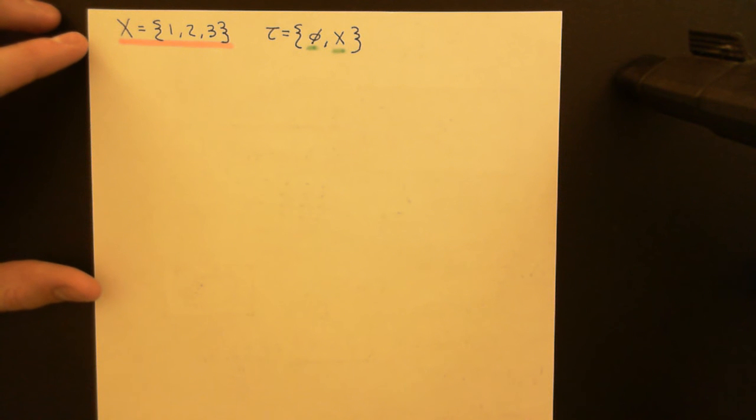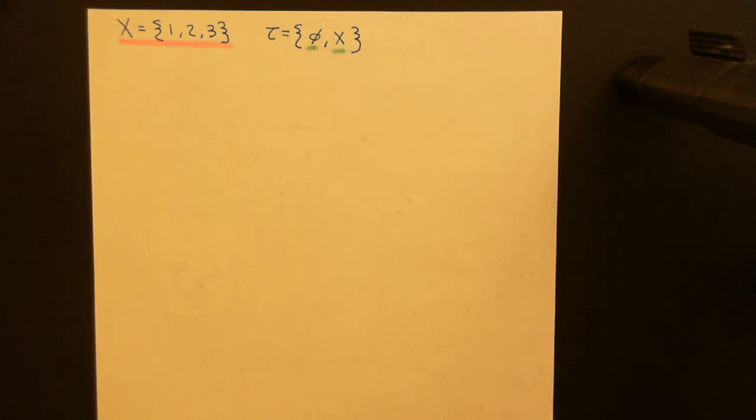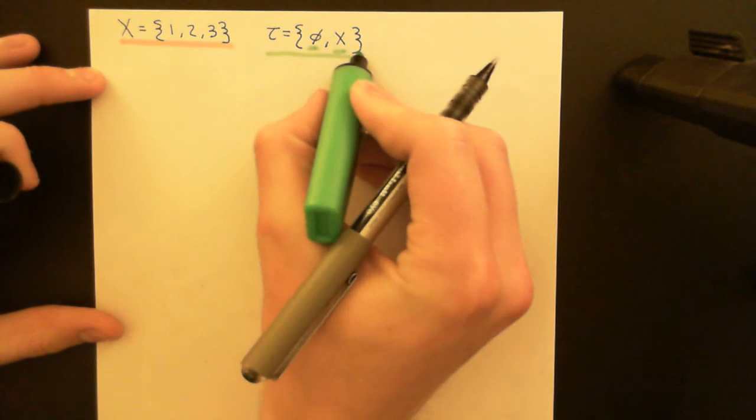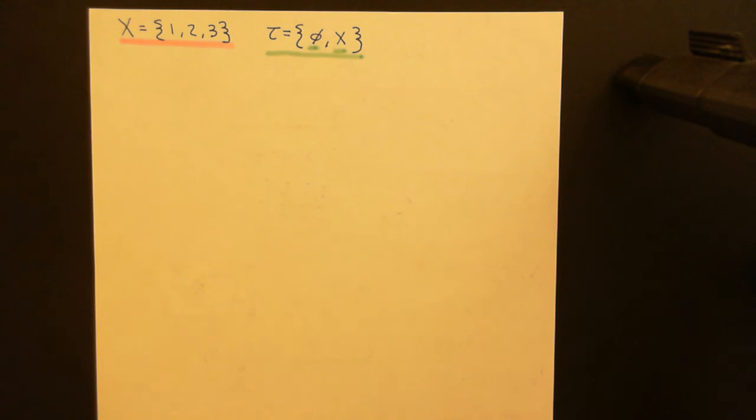Axiom number 3 then, that if you union together an arbitrary number of subsets that are in your topology, you must end up with another subset that's in the topology. If we union together an arbitrary number of subsets, well, there's only 2 subsets in here, so we can only, at the very best, union together 2 subsets.